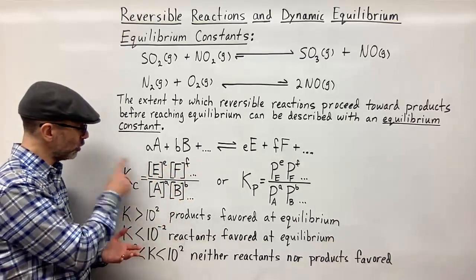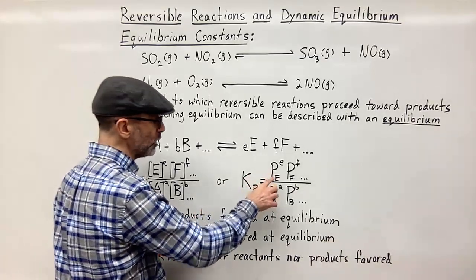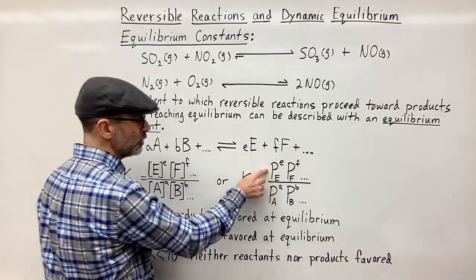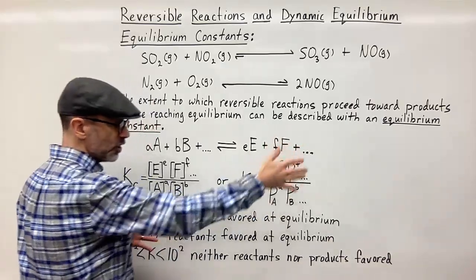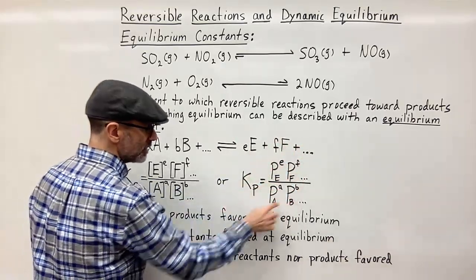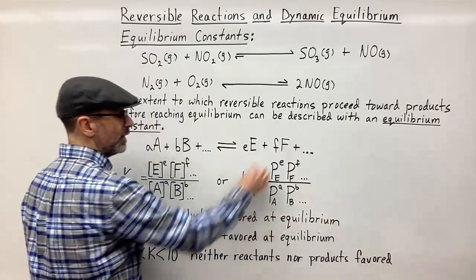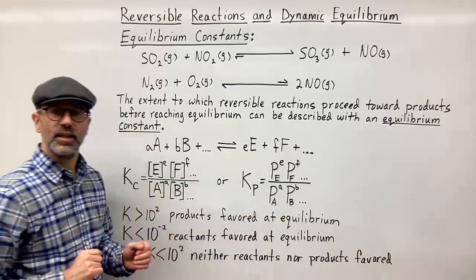So if you're given pressures, you can put in the pressures in atmospheres for the products, E and F and G or whatever, and the reactants, A, B, C, and whatever, and then calculate what the constant is.